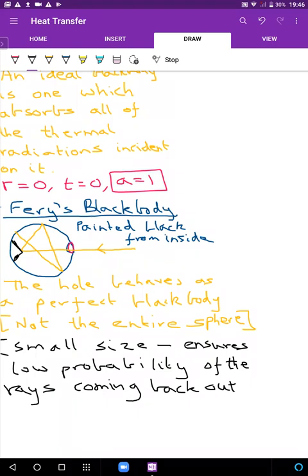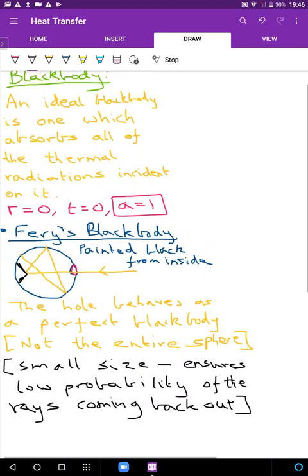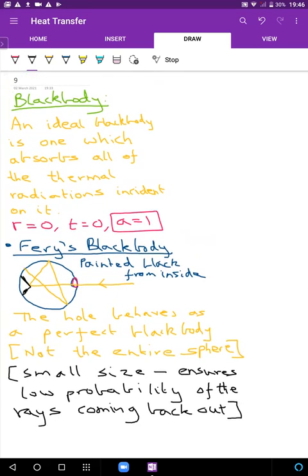One of you is asking, is there low probability because what is going in has reduced? That's not the point, you can send inside as much as you want. Because of the small hole, I hope you understand that it becomes more and more difficult for the light ray to escape.